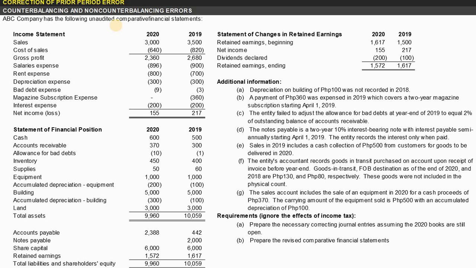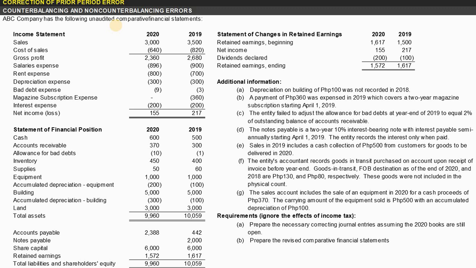It means that the nominal accounts in 2020, if there are misstatements, are still available for adjustments. However, for 2019 books, the nominal accounts are no longer available for adjustments because the nominal accounts in 2019 were already closed to the retained earnings at the start of 2020.